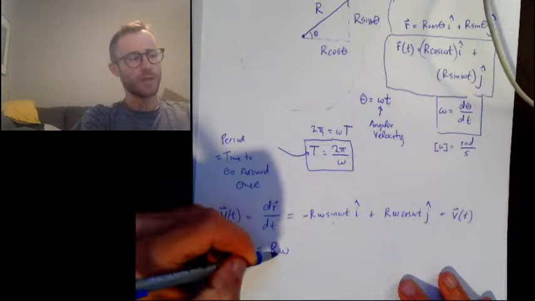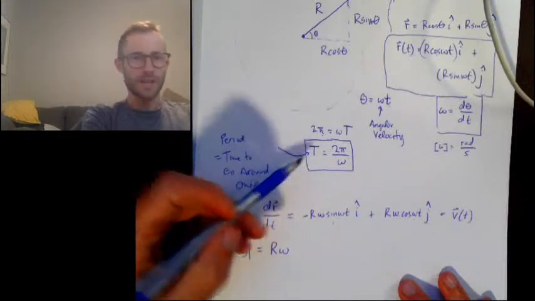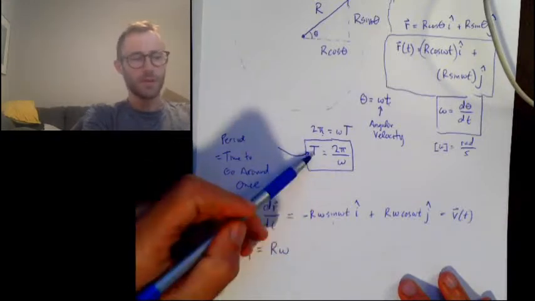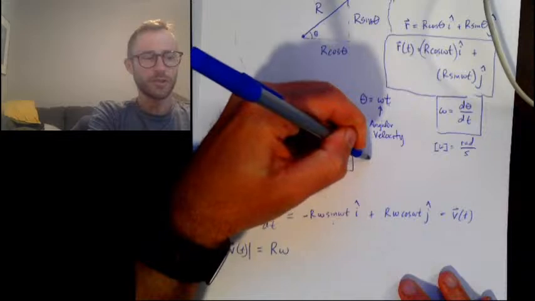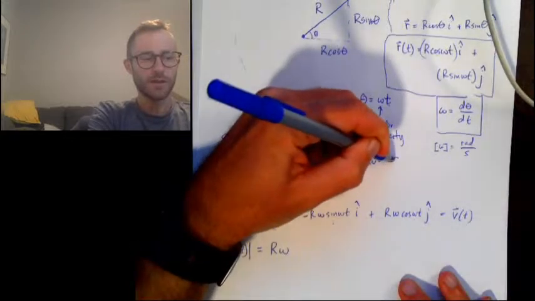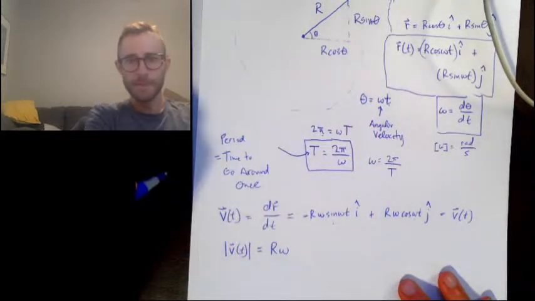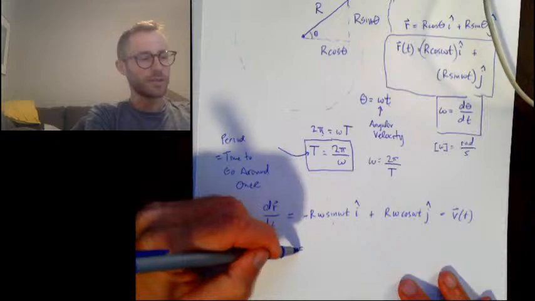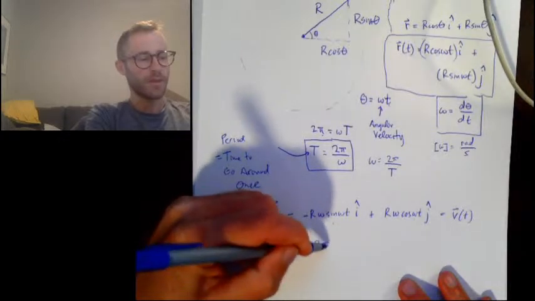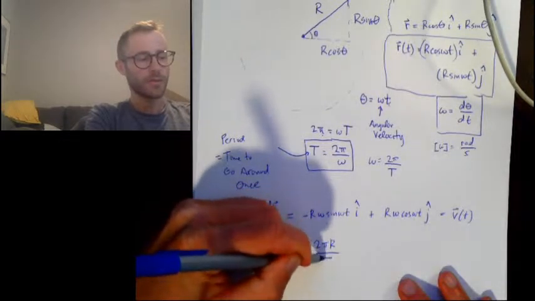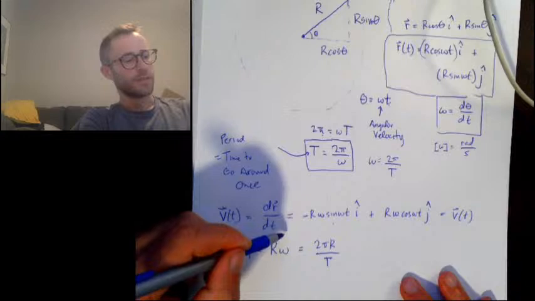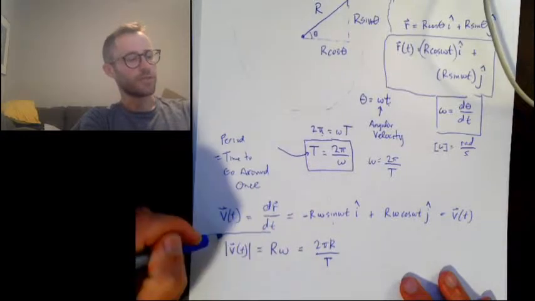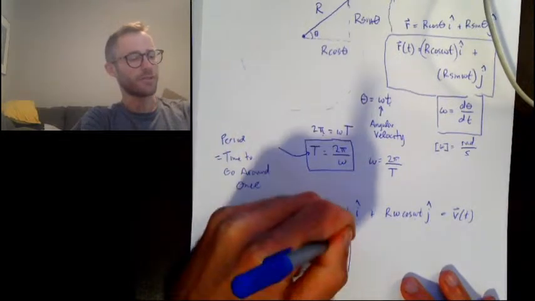So r times omega. Now, if we write omega in terms of the period, we could also say omega is 2 pi over the period. So I could write this as 2 pi r over the period. So this is an equation for the speed in circular motion.